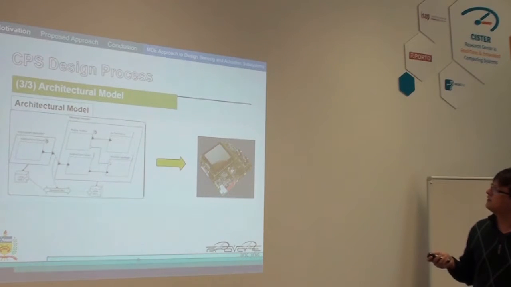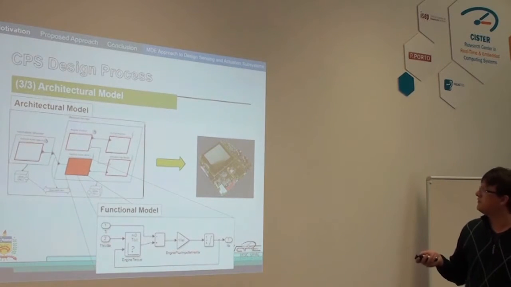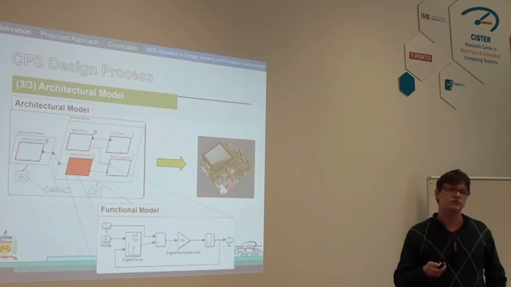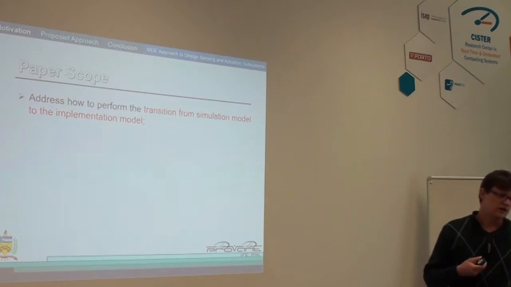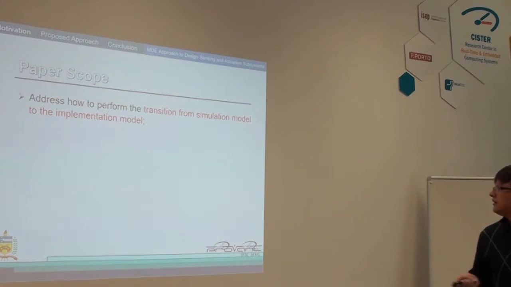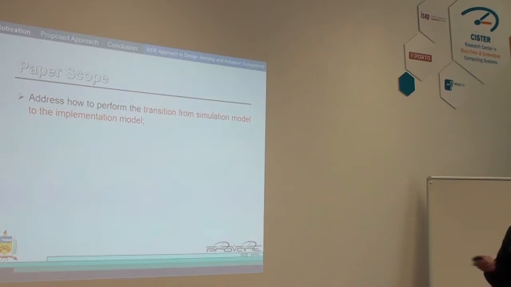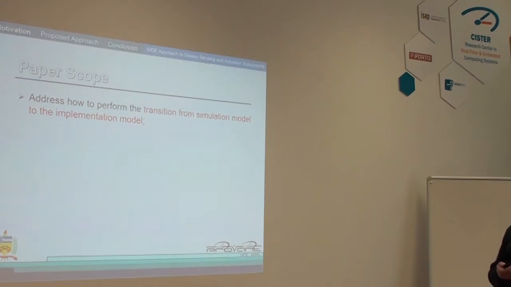Inside these components, we have the functional model that expresses our control systems. So in this way, my work aims to address how to perform the transition from the simulation model, the Simulink model, to the implementation model that we call here the architectural model.